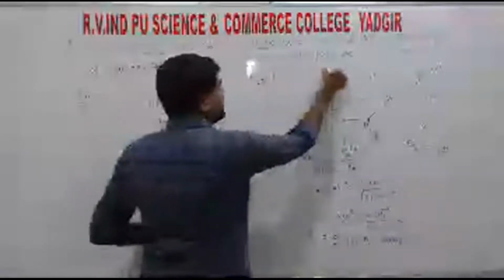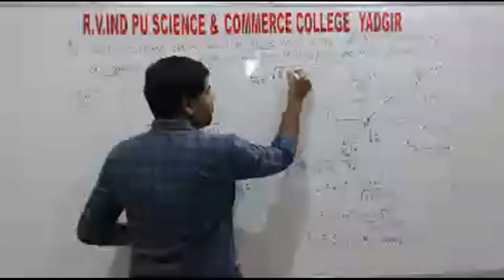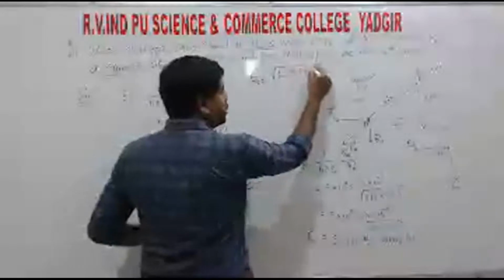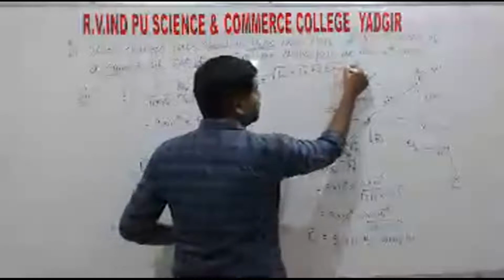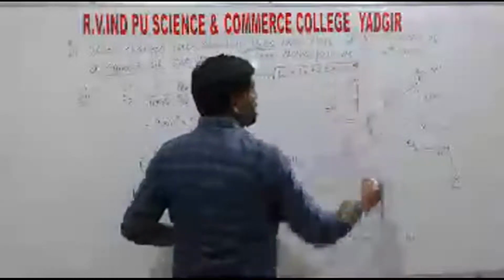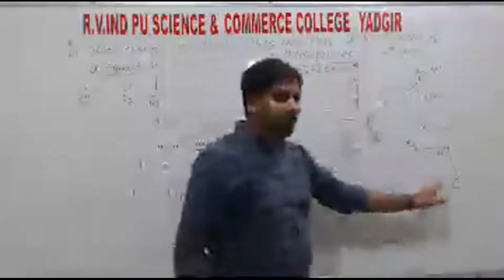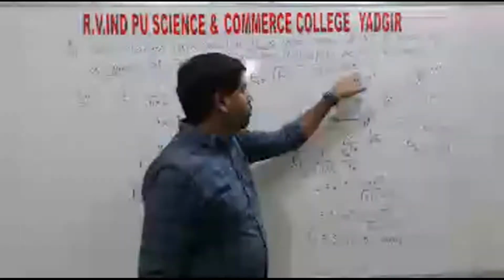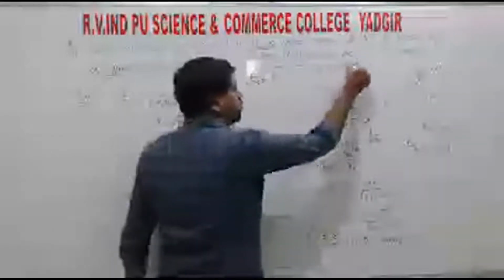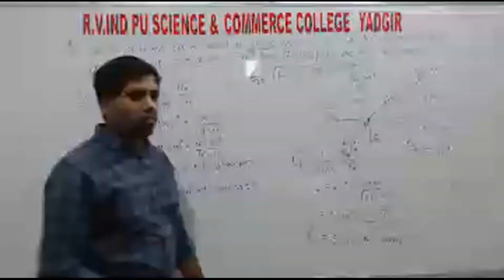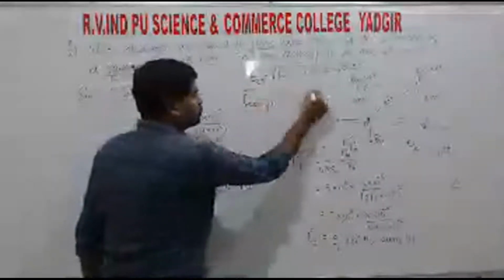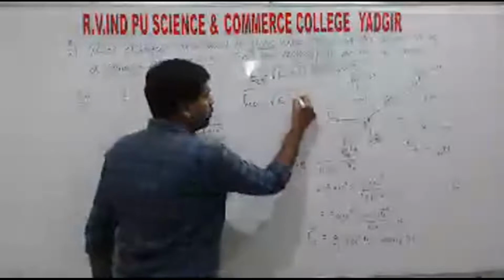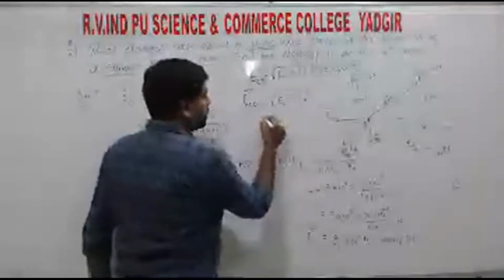We know the resultant is square root of EC square plus ED square plus 2 EC ED cos theta, right? Here the angle between the two electric fields is 90 degrees, so cos 90 is 0 and this whole term becomes 0. So the electric field ECD is equal to square root of EC square plus ED square.